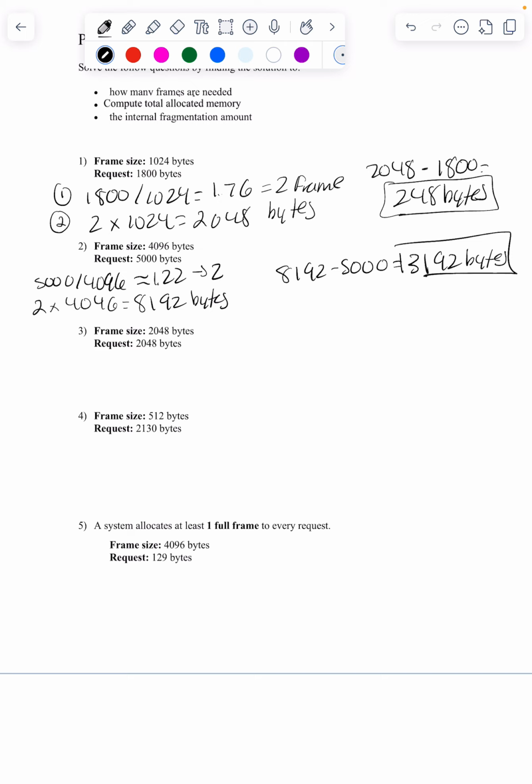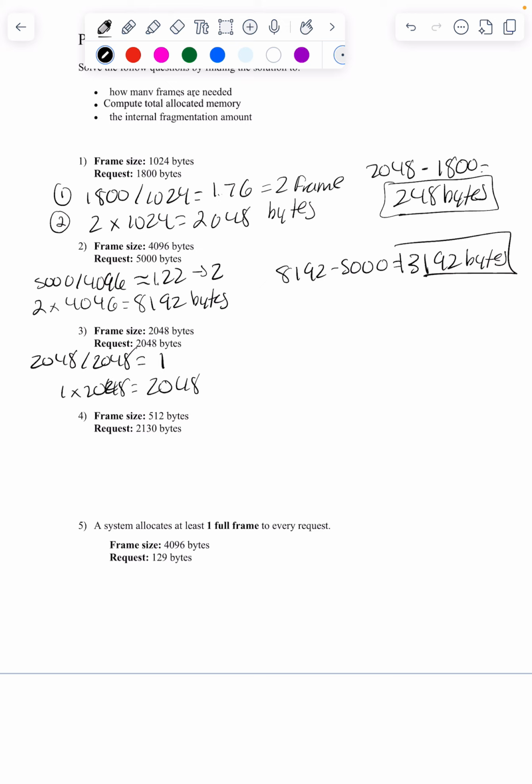The third problem, again, our frame size is 248 bytes with a request of 248. Obviously, if we divide this, I'll still go through with it just so that you get a good sense. We're going to need 1 frame, and obviously 1 frame is going to result in a perfect fit.